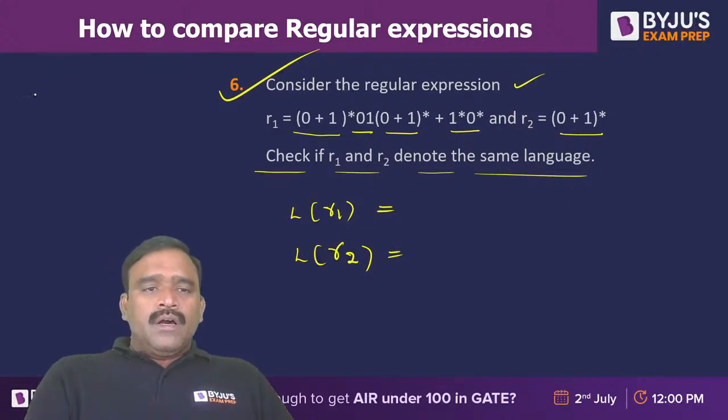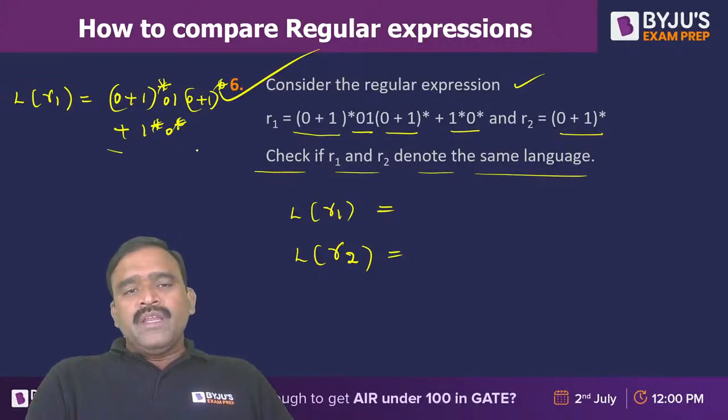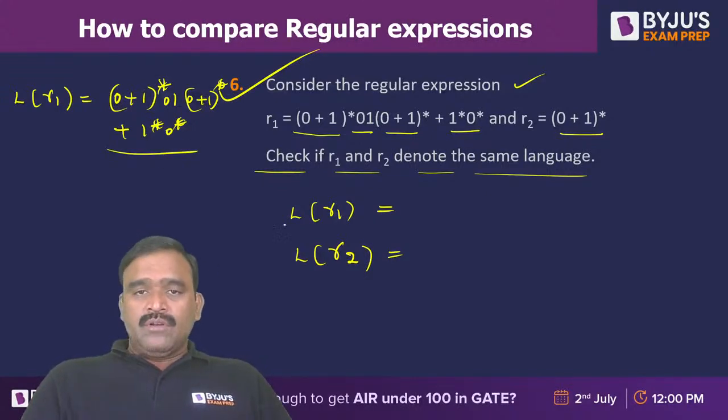So L of R1 is equal to (0+1)* 01 (0+1)* + 1* 0*. The meaning of this is very clearly understandable.